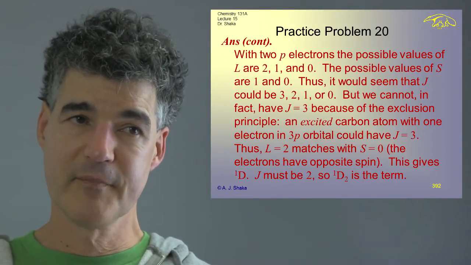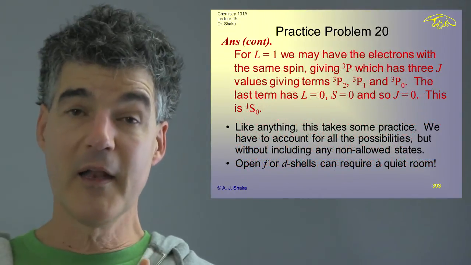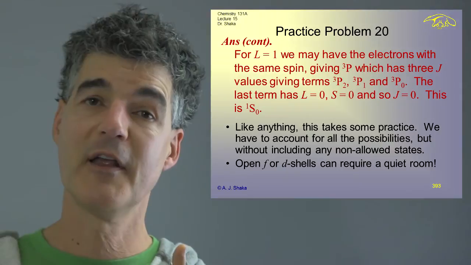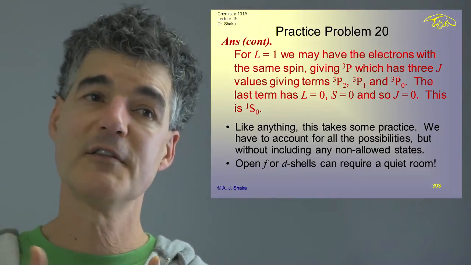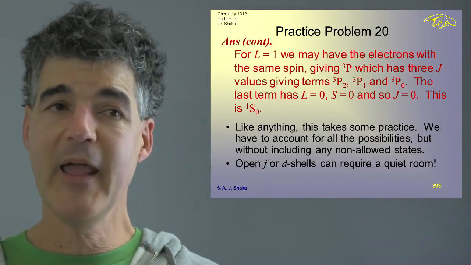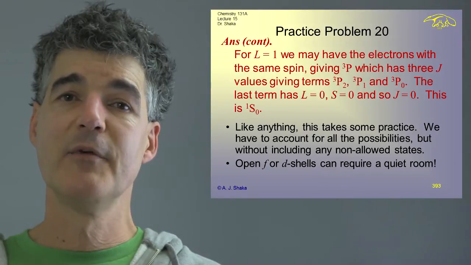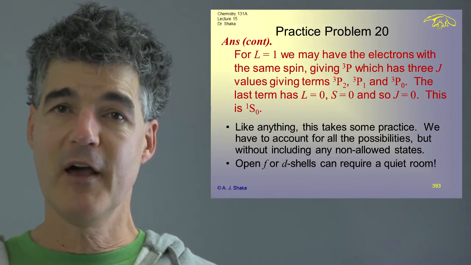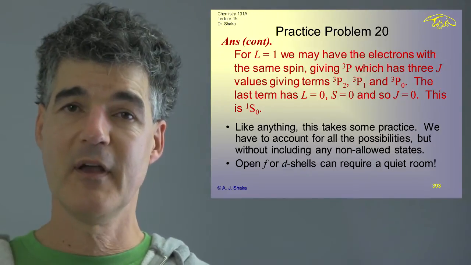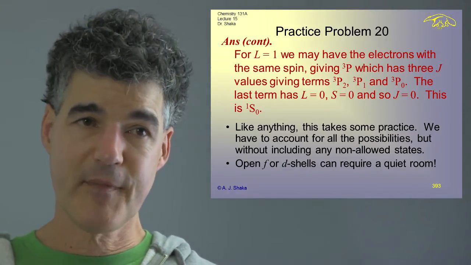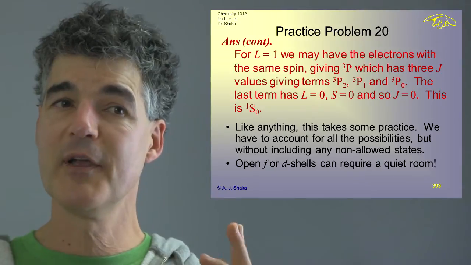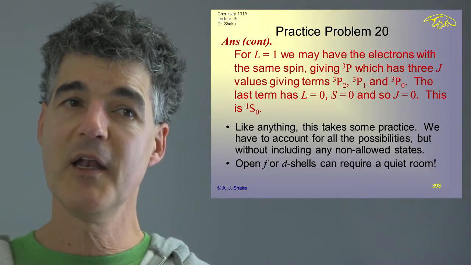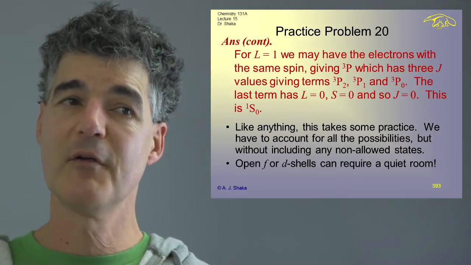For L equals 1, we're okay, because then we can have one electron here and the other over here somewhere. And in that case, we get a triplet P term, and there are 3 values because now S is 1 and L is 1, so we get triplet P2, triplet P1, and triplet P0.